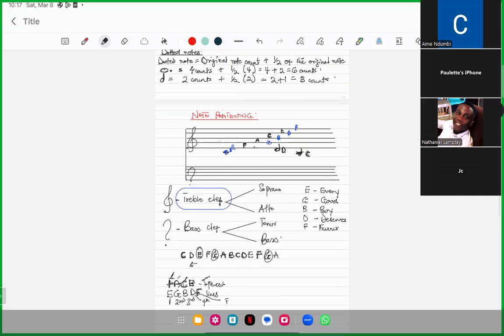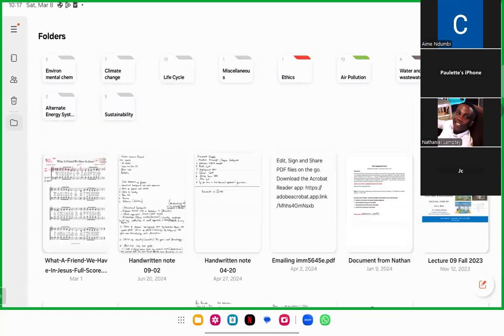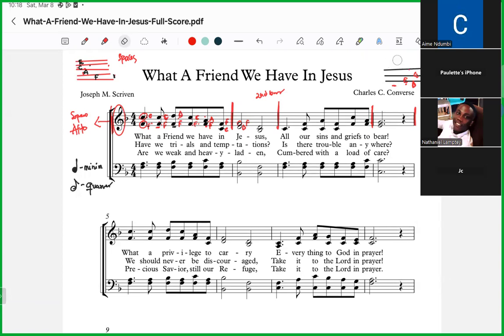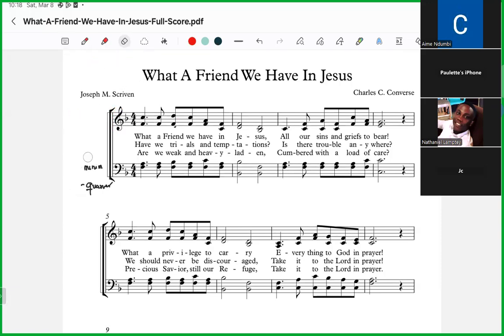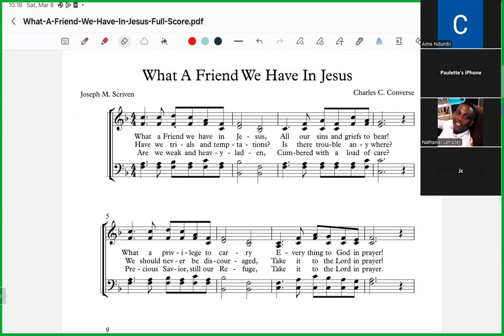I think the other time we started with identifying the notes on a real music piece. So this is a real music sheet where we began identifying the notes.